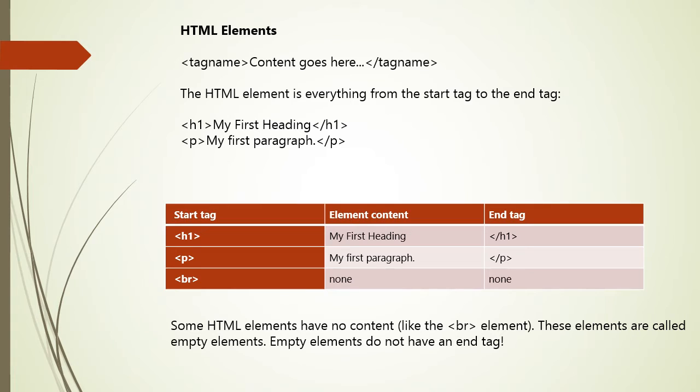So in this example, we have used the start tag as h1. The element content is my first heading, and our end tag is /h1. Then p is the start tag. We have used the element content as my first paragraph, and we have enclosed it by /p.